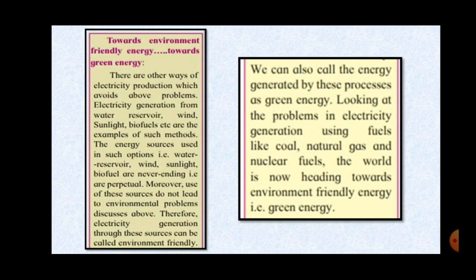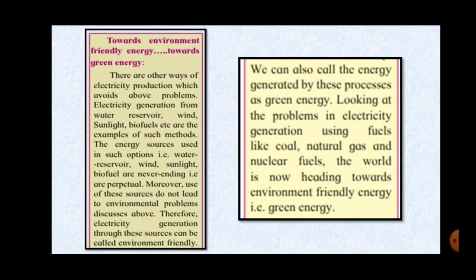Now, what are the other sources from where electricity can be generated besides these three power plants which we had studied? Now there is electricity generation from water reservoirs, wind, sunlight, biofuels. These are some of the examples from where electricity generation can take place.